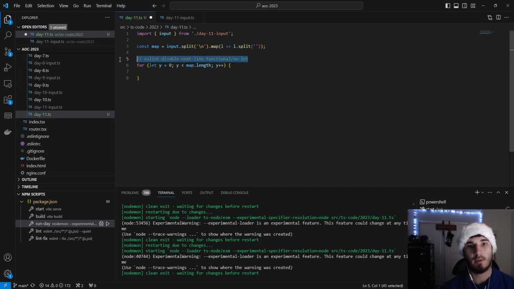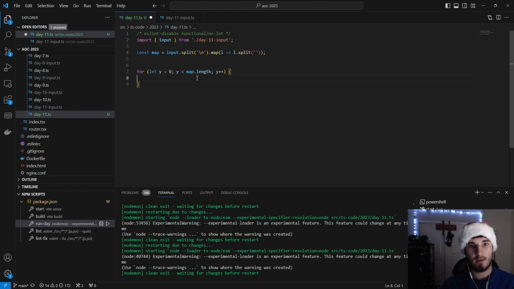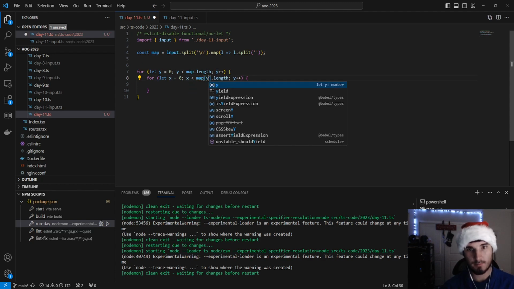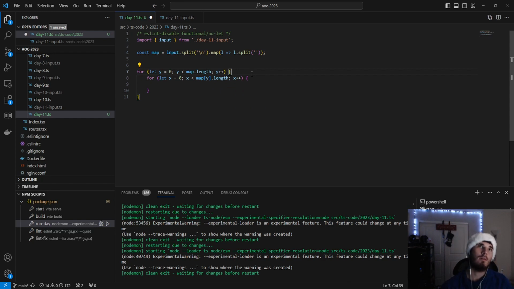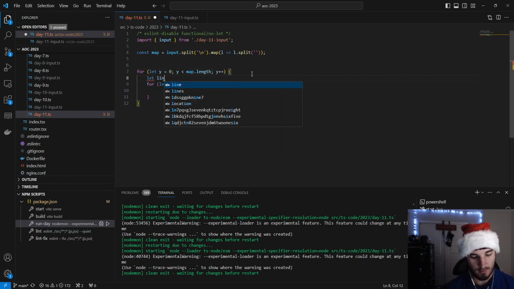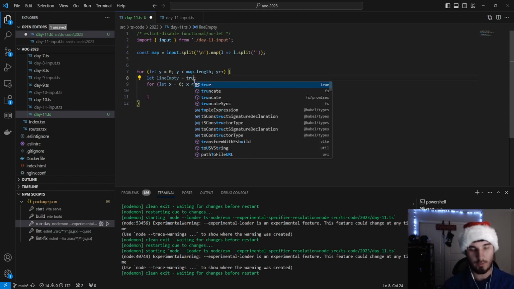So let's go through the entire thing for both x and y. What we'll do is have let lineEmpty equal to false, not 0, actually true.